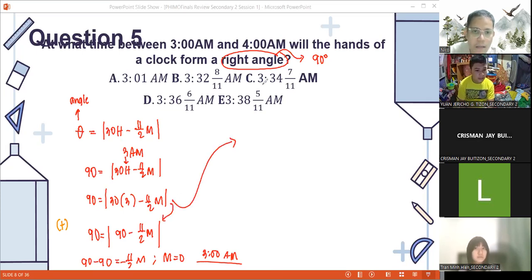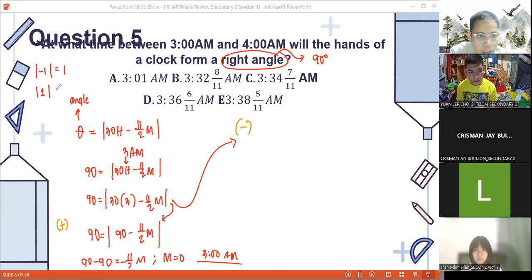Meaning we should take the other value of the absolute value, the negative one. Any number, positive or negative, inside your absolute value becomes positive. For example, the absolute value of negative 1 is 1, and the absolute value of 1 is 1, so you can have two values. So we can have negative 90 equals 90 minus 11 over 2 m.